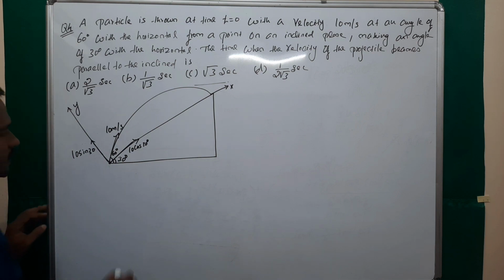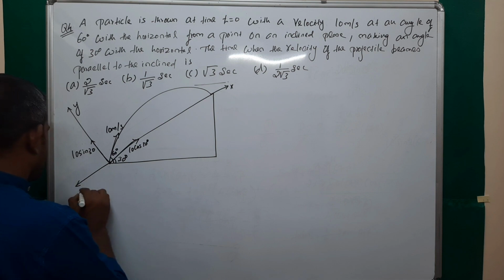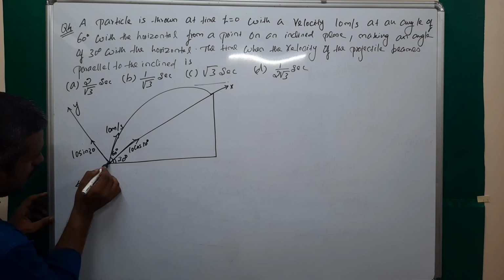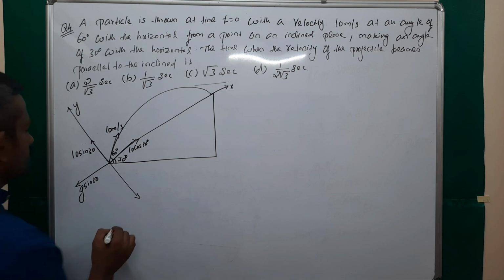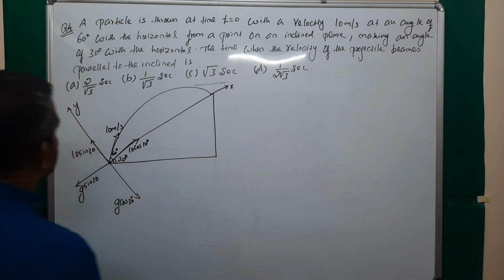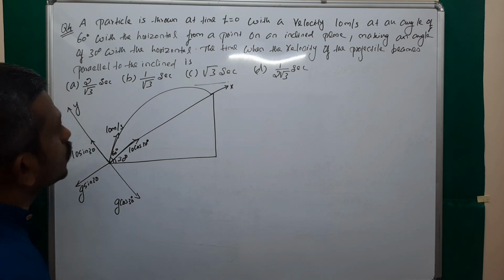This is g sin 30, and this is g cos 30. These are the component vectors of the projectile motion.